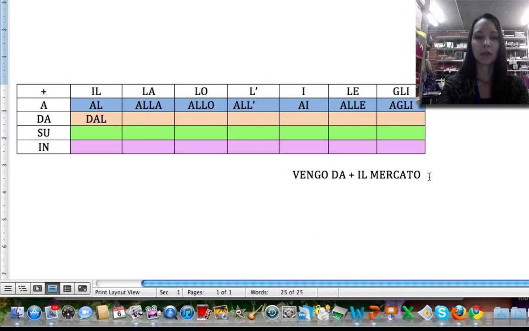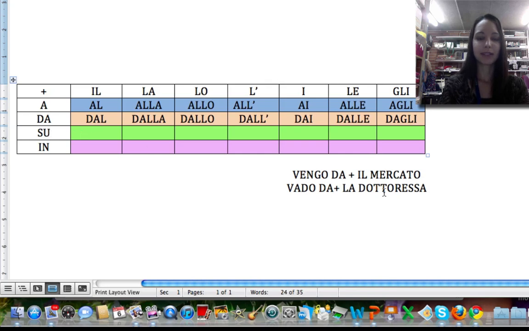Say I'm going to the doctor, the female doctor. In Italian we say I'm going from the doctor instead. So vado da la dottoressa. We need to combine that and it becomes dalla. So we keep going with the same pattern: dallo, dal, dai, dalle, dagli.